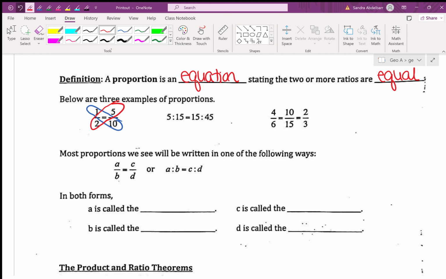So you would say, okay, well, 1 times 10, does that equal 2 times 5? Well, 1 times 10 is 10. 2 times 5 is 10. Does the left side equal the right side? Yes. So the proportion that was originally written is a true proportion. So you can make the fractions equal each other, or you could cross multiply to check that their products are equal. And that's how you can tell if the proportion is true or not.